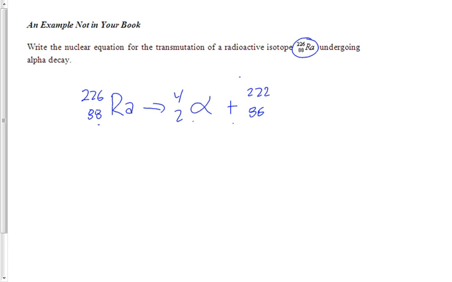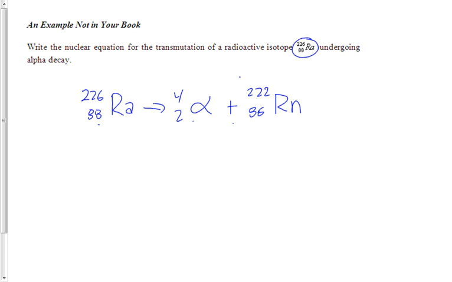How do we figure out what element that is? Periodic table. 86 is Rn, radon. Told you that's easier than chemistry. Much harder to balance a chemical equation than this one, isn't it?